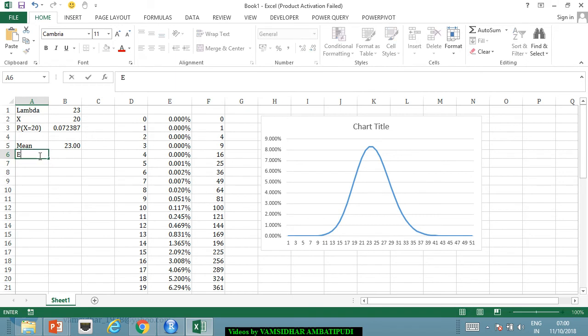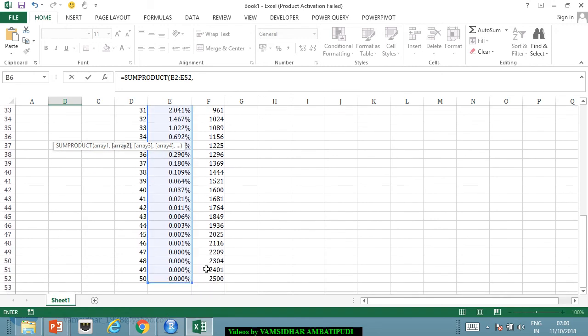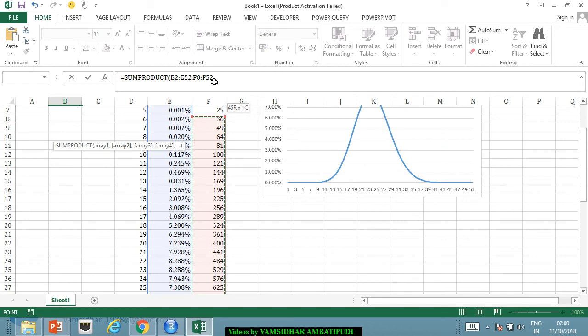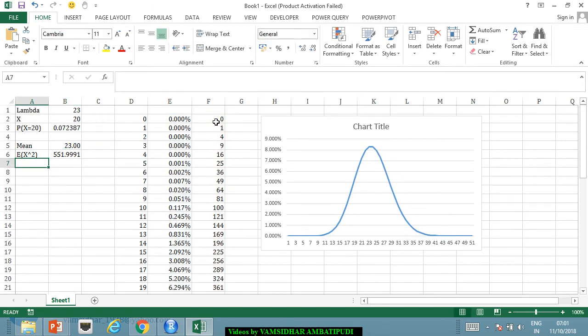So the expected value of x squared is found by multiplying the probabilities with the x squared values. This is what I got for the expected value of x squared. The variance is the expected value of x squared minus the expected value of x whole squared.